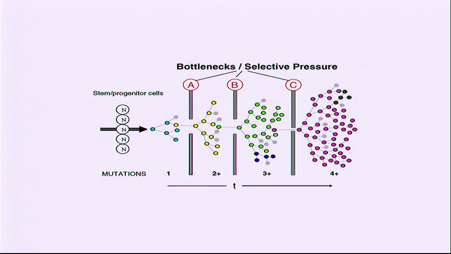So this is a representation of the Darwinian evolution of cancer, where you have a number of mutations, but also bottlenecks, selective pressures coming from non-mutagenic environments. It is likely that some of the exposures we refer to in epidemiology are not mutagenic.